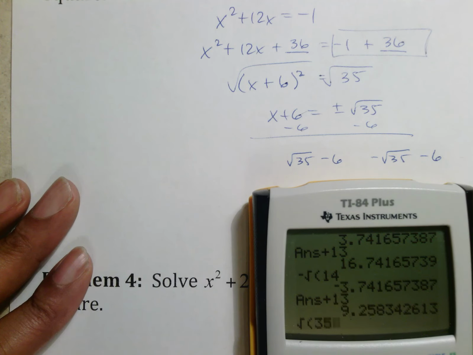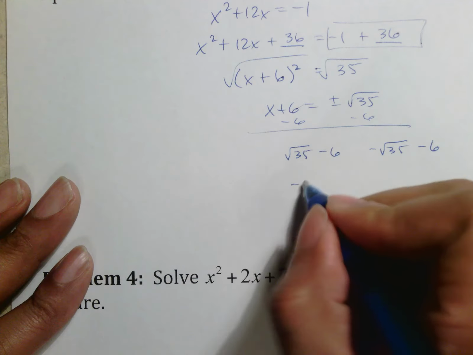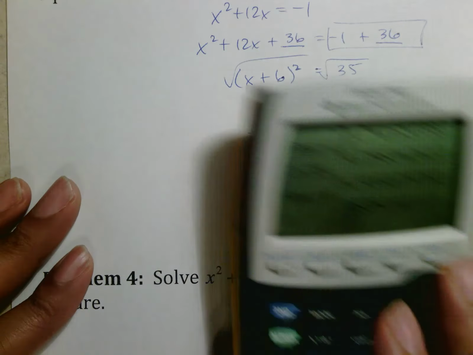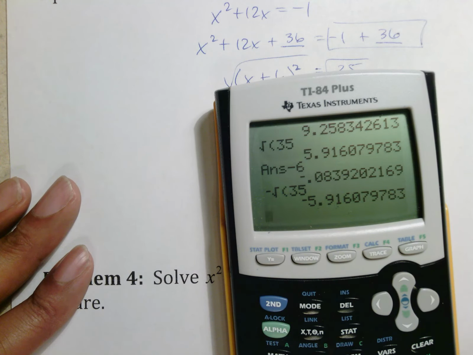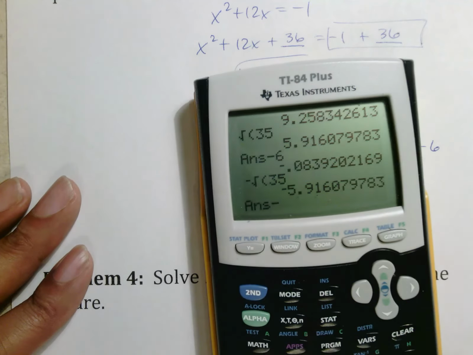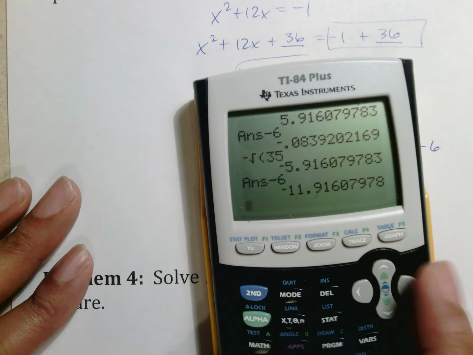Square root of 35 minus 6 gives us the answer of negative 0.08. Negative square root of 35 minus 6, which is negative 11.92, because the 6 bumps the 1 up to a 2.